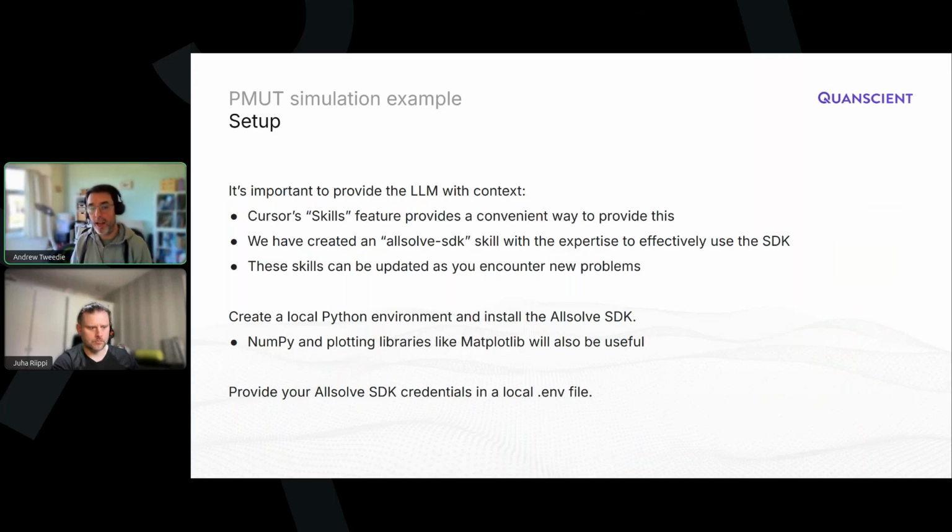They don't have any context on the area that we're working in, the specific problem, unless we provide that. So there's a few ways of doing that. Specifically within Cursor, we find the skills feature particularly useful as a way of providing context on different operations that we frequently make use of.